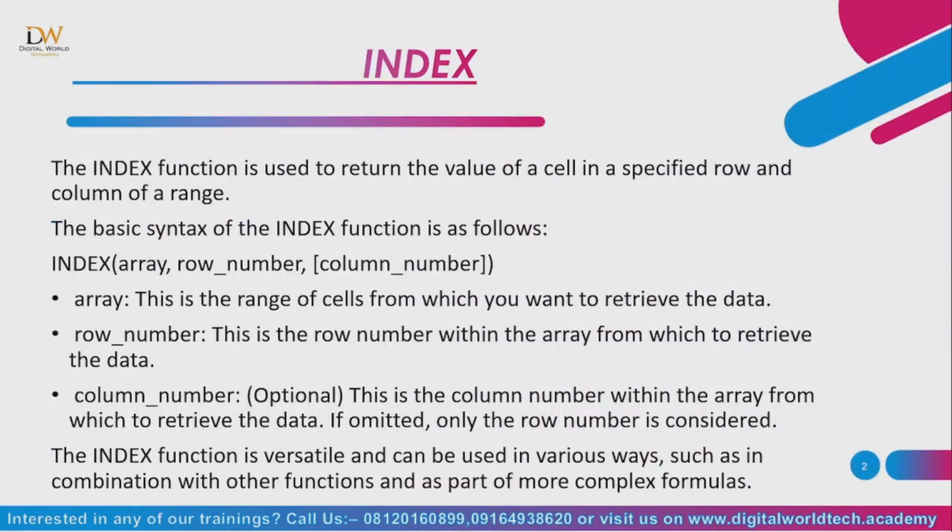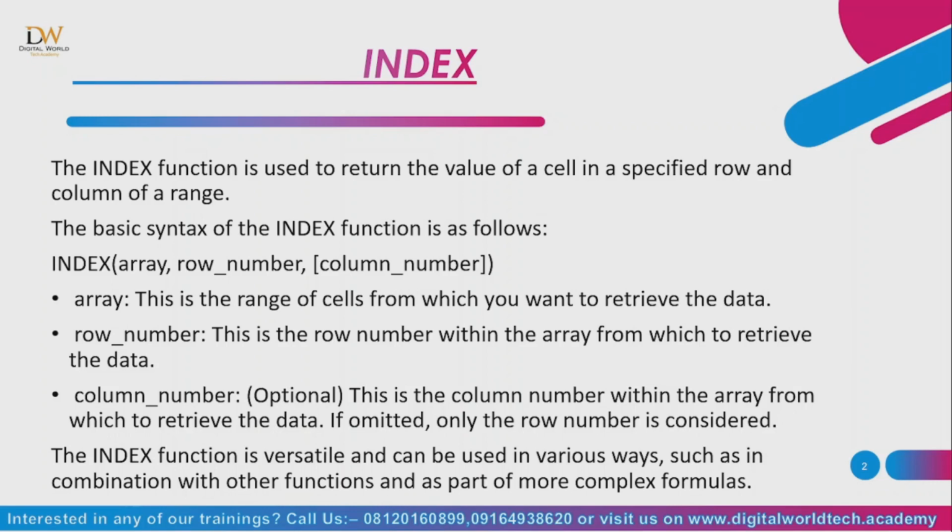So let's do the theoretical first. We say the index function is used to return the value of a specific row and column of a range. That means what index returns to you is the content of a cell.